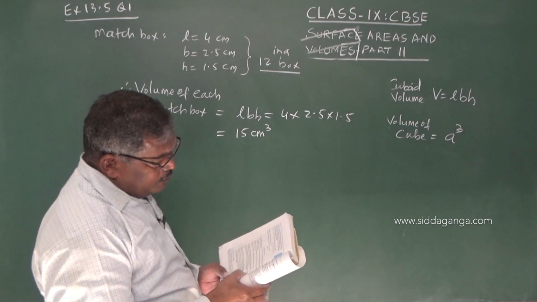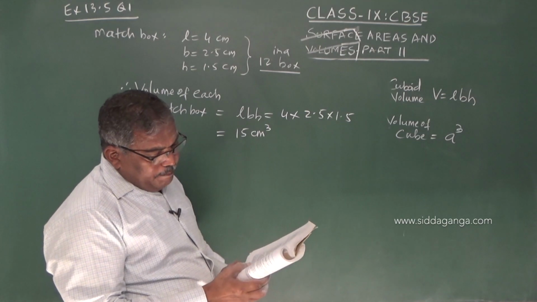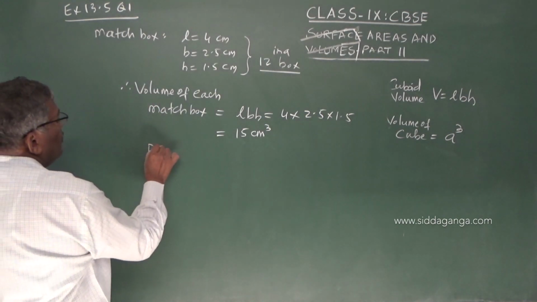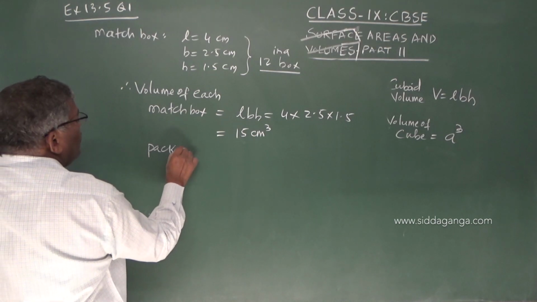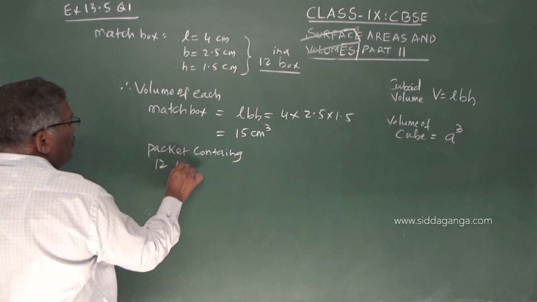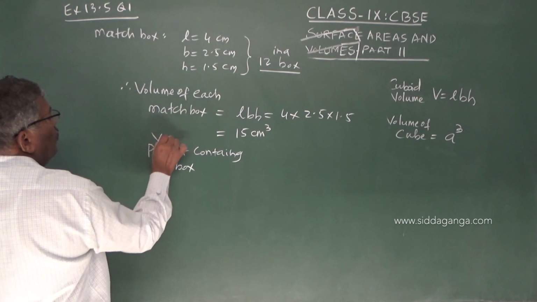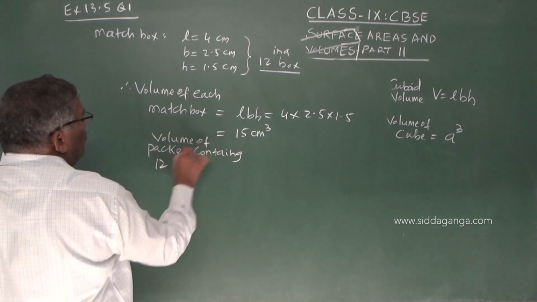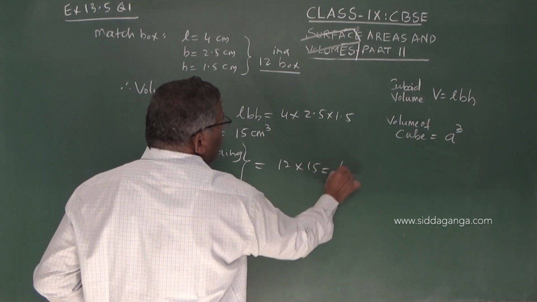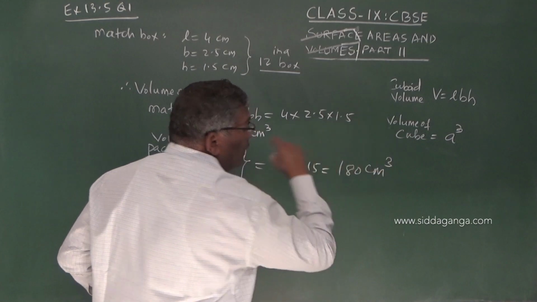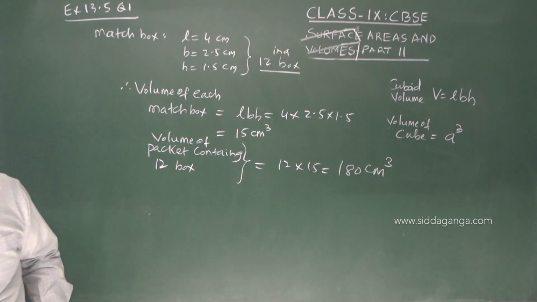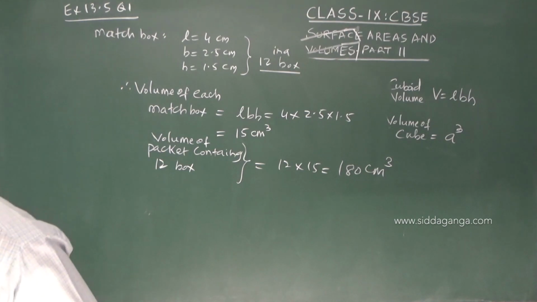The question is, what will be the volume of a packet containing 12 boxes? So, volume of packet containing 12 boxes equals 12 into 15, that is 180 centimeter cube. That's all. Note down please.